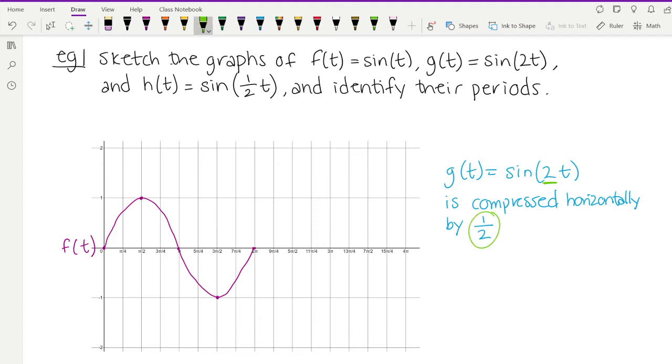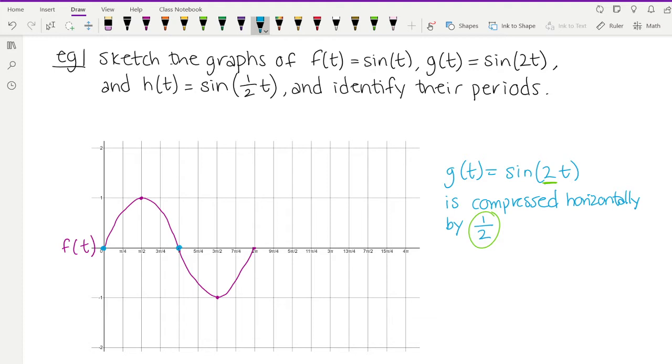So what is that going to look like? Well, basically, it's going to take up half as much space horizontally, right? So instead of going through its full cycle between 0 and 2 pi, now it's going to do that between 0 and pi. So we're going to still start at 0, 0, but now the end of the cycle is going to be at pi instead of 2 pi.